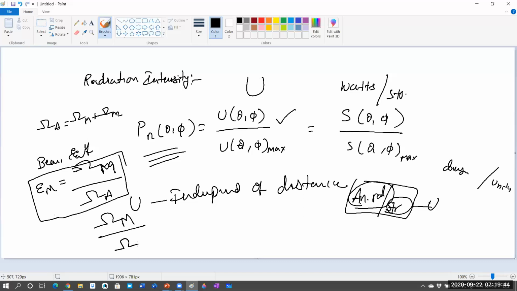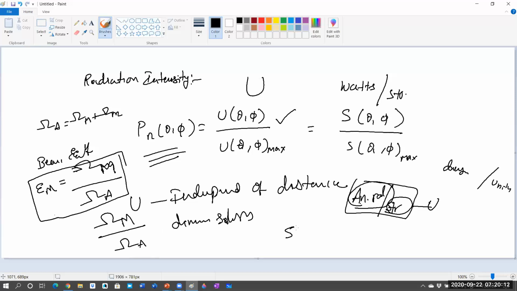Otherwise, the main lobe and minor lobe areas by the total beam area is the beam efficiency. This is also a dimensionless parameter.